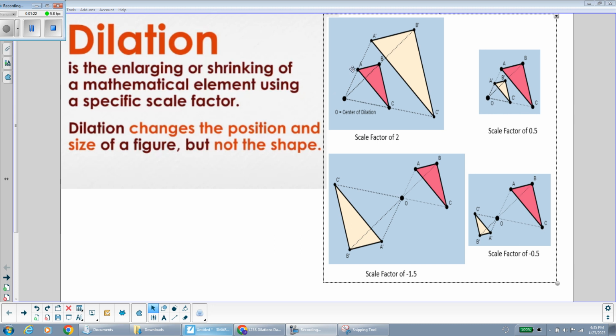It's doubling the distance from the center of dilation. But here, the image goes to the other side of the center of dilation. So it's not going further away from it, it's going to the other side of it. Same thing here, it's making it half the size, but in the other direction because the scale factor is negative.